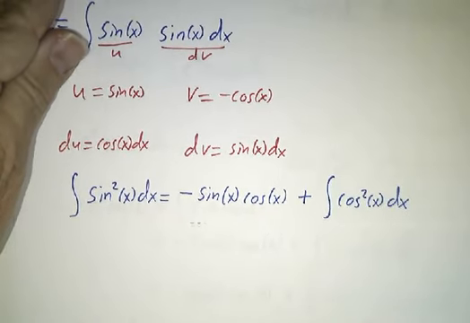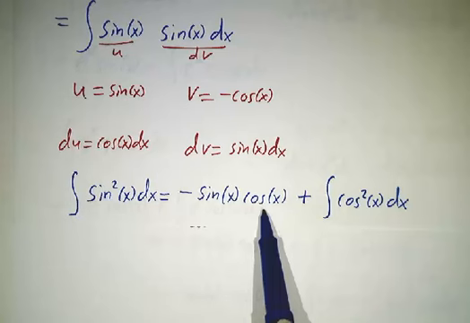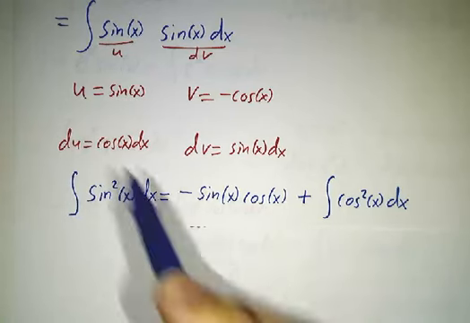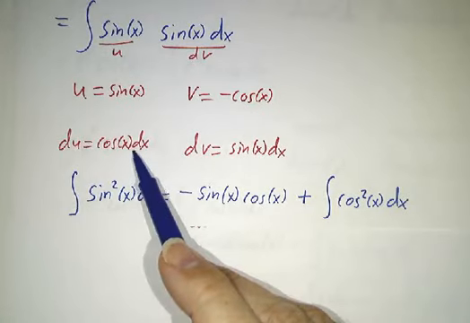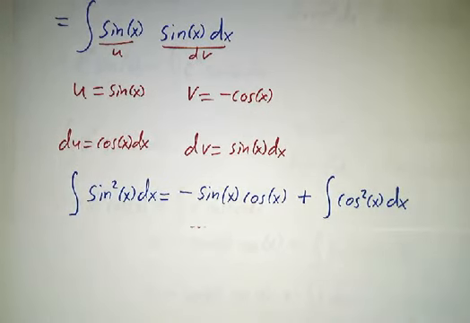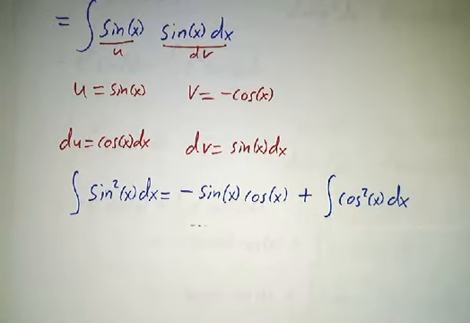If you do the integration by parts, you get the integral of sine squared of x dx is u times v minus the integral of v du, so minus the integral of negative cosine squared. So that's plus the integral of cosine squared. And you look at that and say, what has this bought us? We started with an integral of sine squared, and we wound up with an integral of cosine squared, and that's no easier.